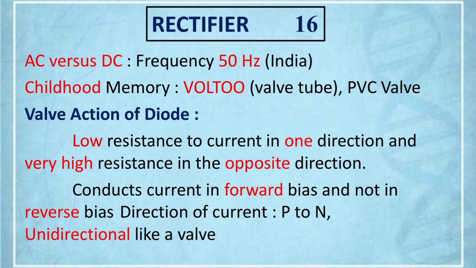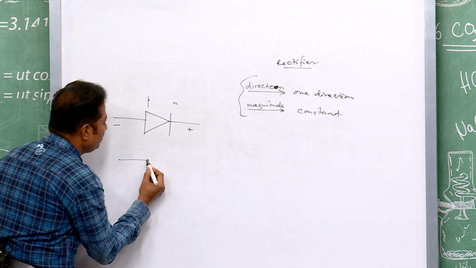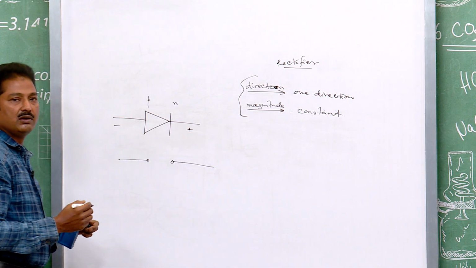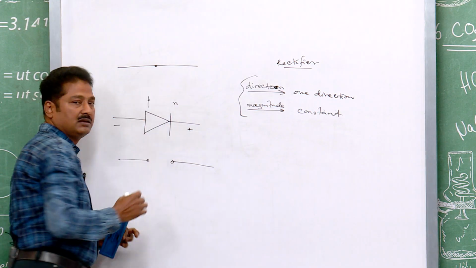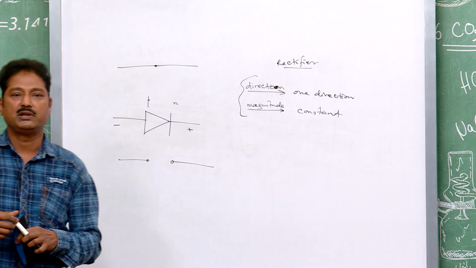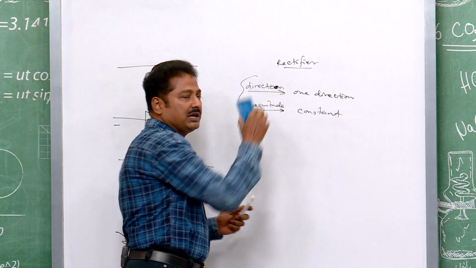You know when it is reverse biased, the width of the depletion layer increases and there is no chance for the majority charge carriers to cross the junction. At that time, we say the diode circuit is cut, the diode circuit is open. So, the equivalent circuit of the diode is taken to be an open circuit, whereas in forward bias it is taken to be a closed circuit. In this way, the diode has a property. So, what is the need of this property and how is it connected to the rectifier?